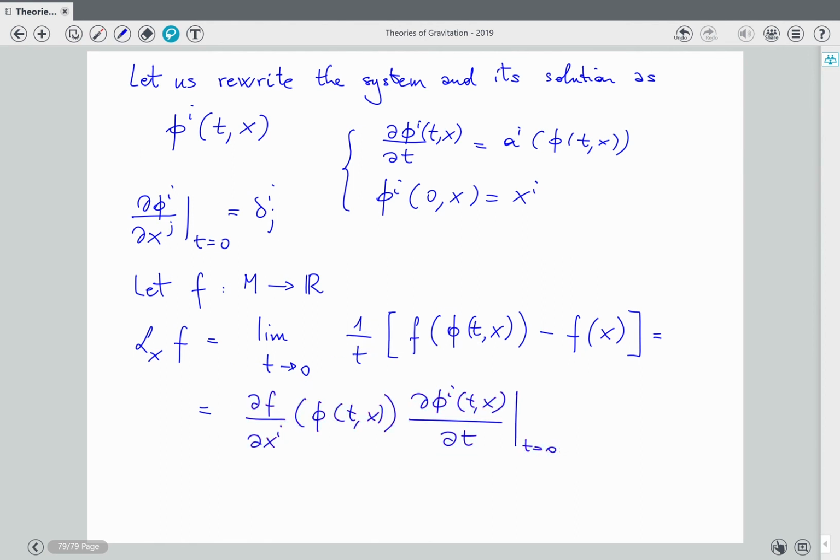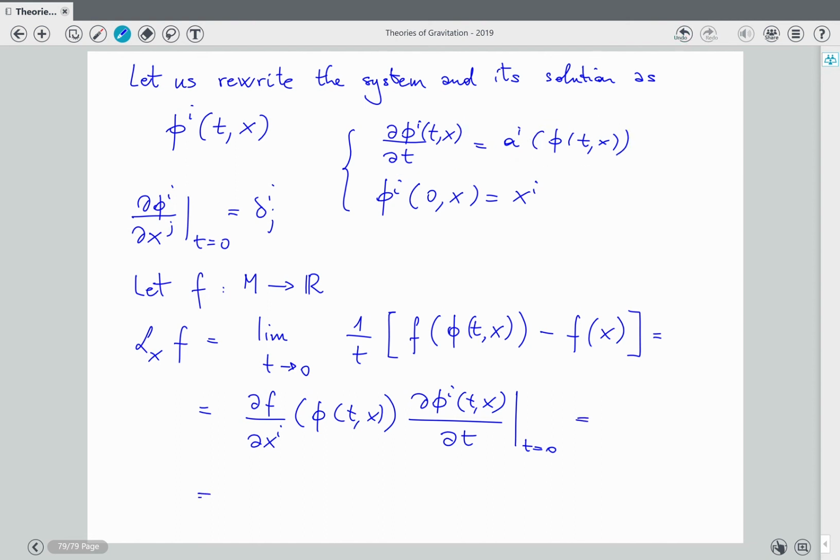When t equals 0, this phi becomes x, and the partial of phi_i with respect to t becomes a_i of x, because phi becomes x.